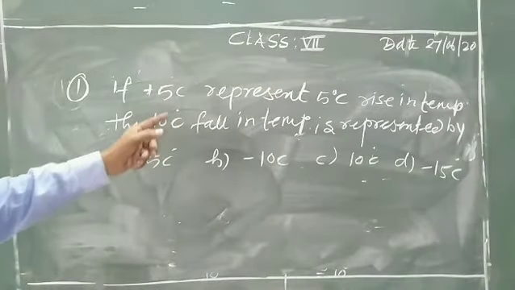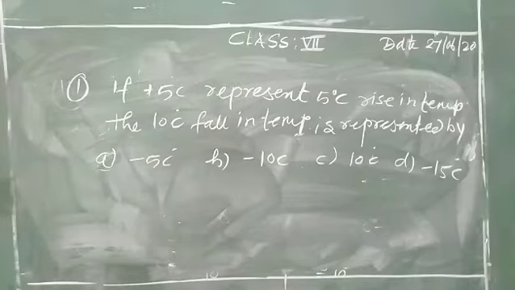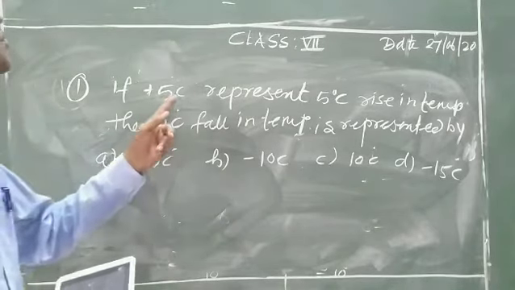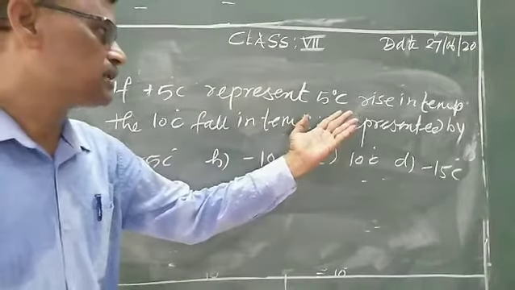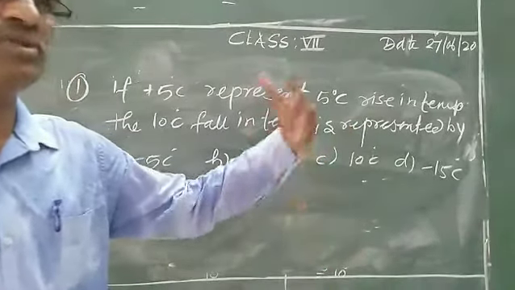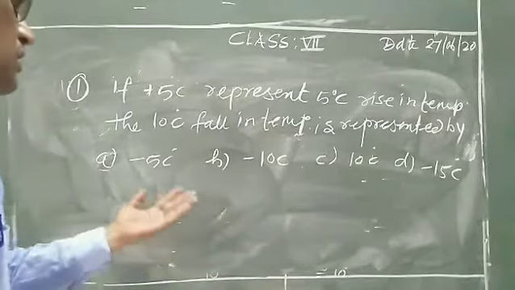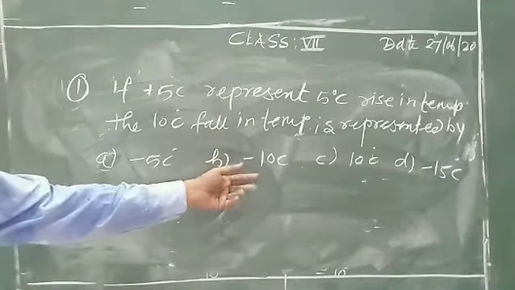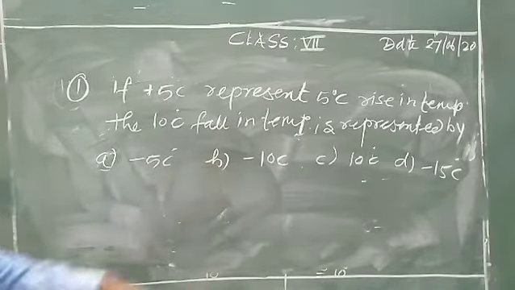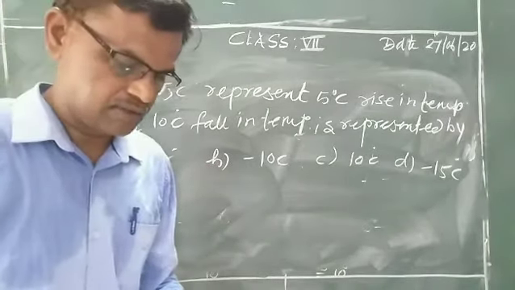Positive 5 degrees Celsius shows rising temperature, that means positive, and falling temperature means negative. Option B is our correct answer.